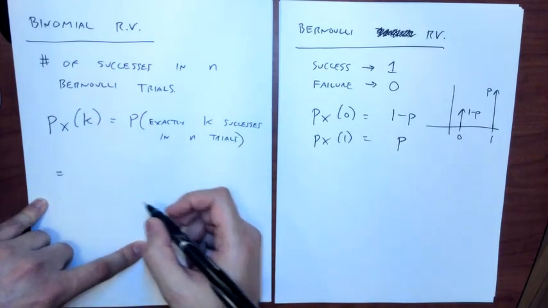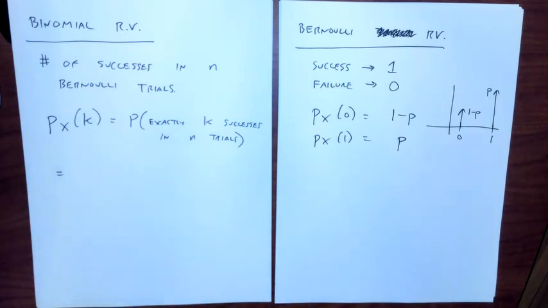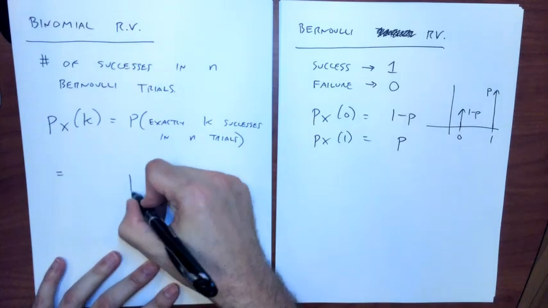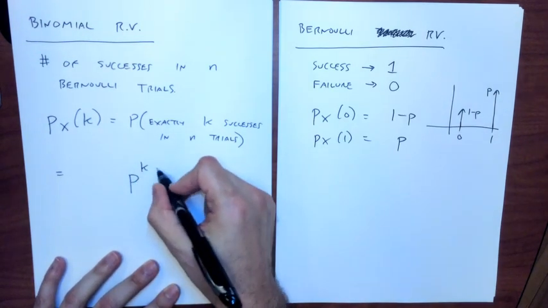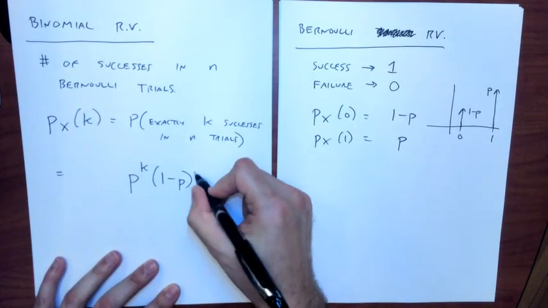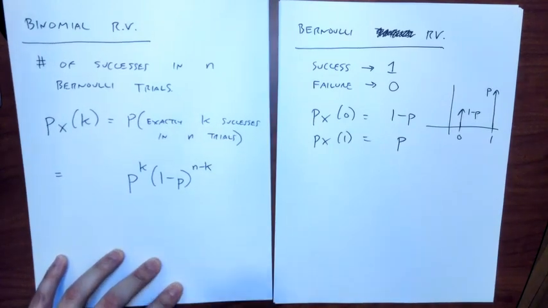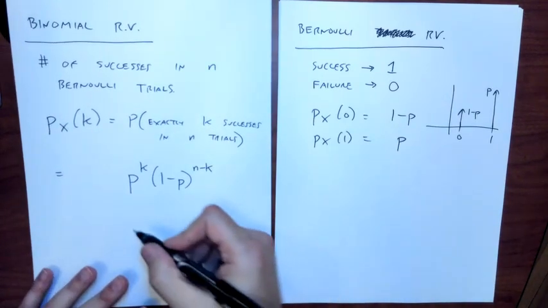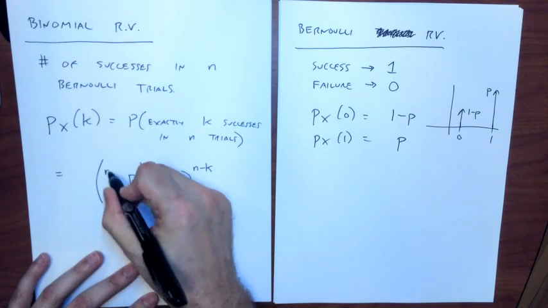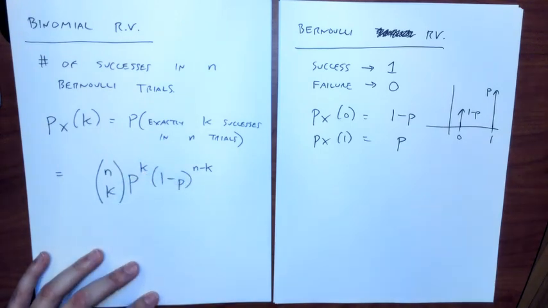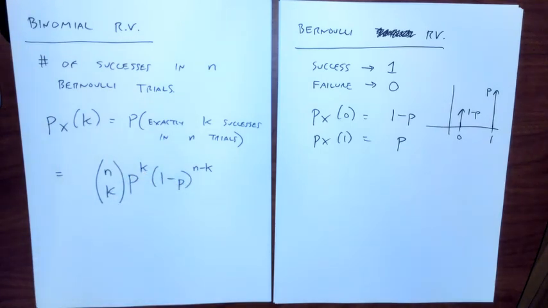In order to succeed exactly k times, I have the probability of success to the k power. I had to fail n minus k times. And then I had to ask myself, how many ways were there for that to happen? There are n choose k ways of those successes being distributed across the n slots.